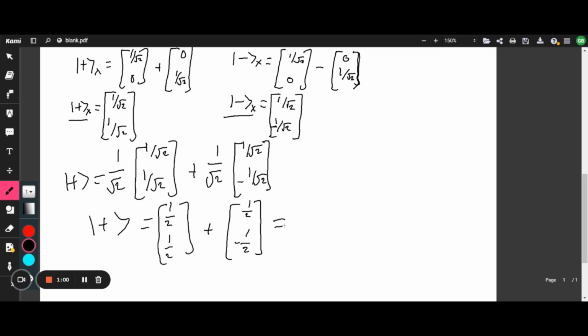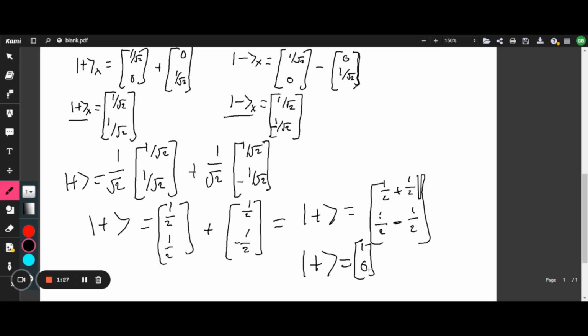So that gives us spin up in the z direction as, my bad, 1/2 plus 1/2 and 1/2 minus 1/2. And as you see, we get 1, 0.